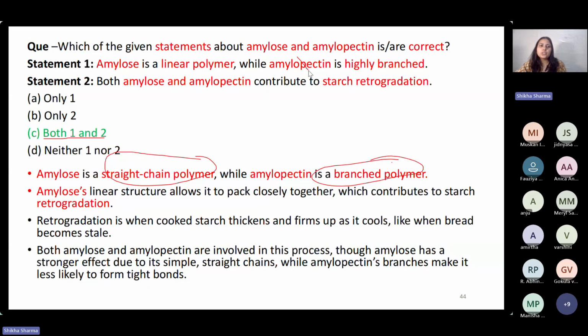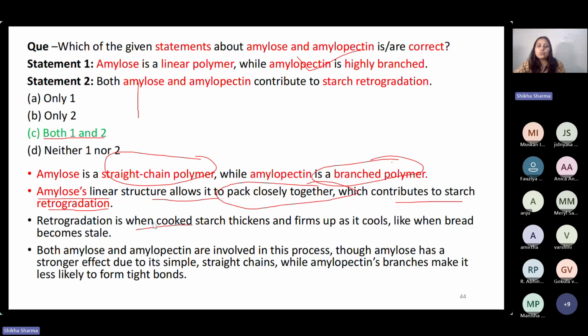So statement 1 is correct. Now amylose is a linear structure, so it can pack closely together, which contributes to starch retrogradation. So retrogradation of starch is mostly contributed by amylose.